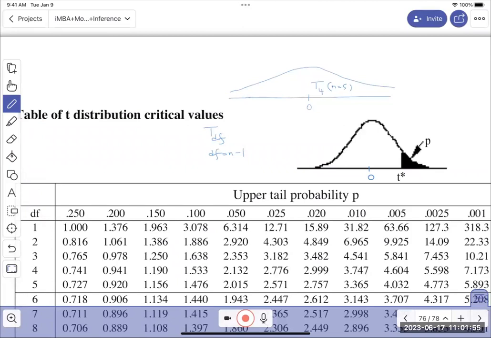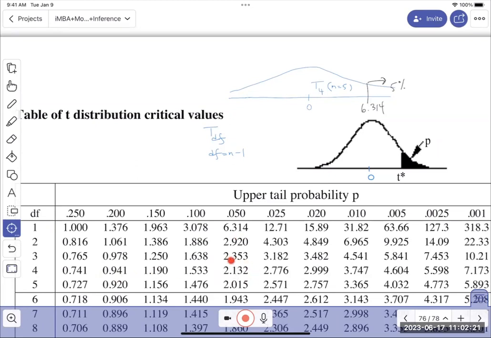So I'm going to put down 6.314, and that corresponds to 5% in the tail. Oh, that's for degrees of freedom 1.